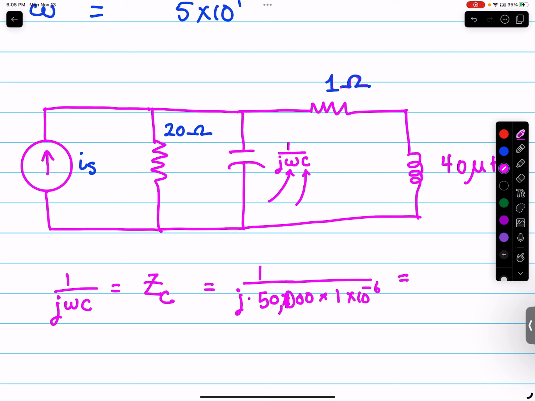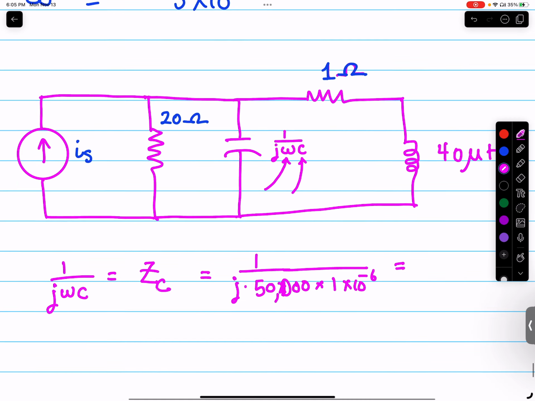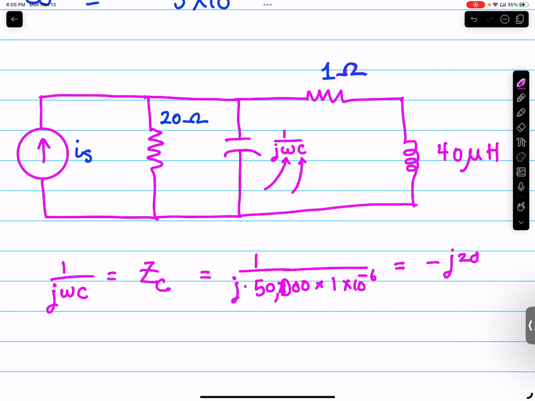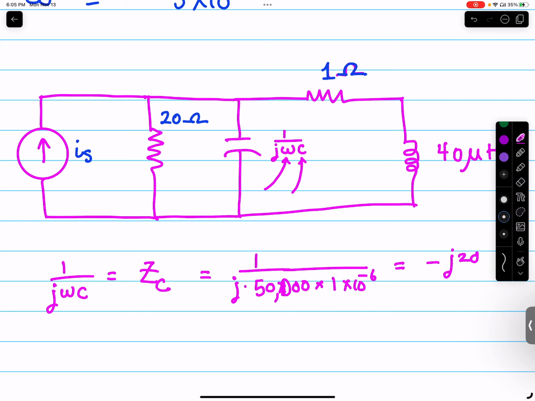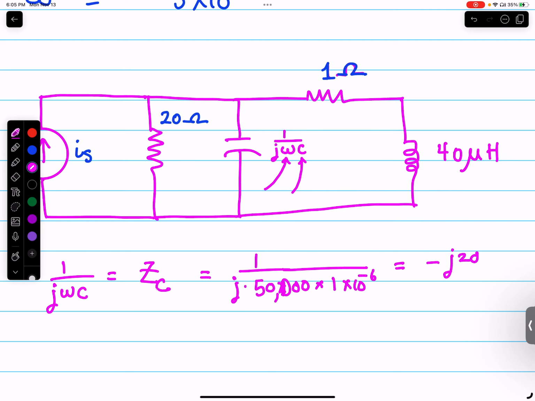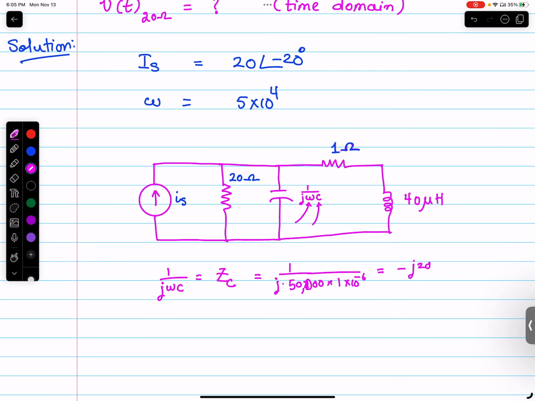So you plug these numbers in, you should see a value of Z, 1 over j omega C, equal to minus j 20 ohms. So that part I'm going to write here. This guy is negative j 20 ohms. That's the capacitive reactance.